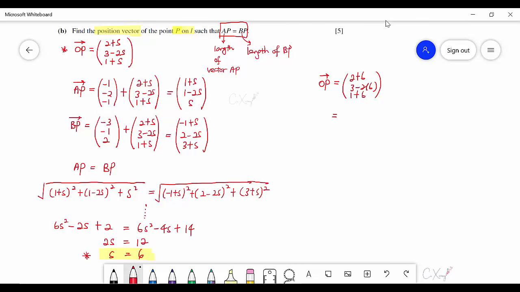Eventually your OP will be 8, -9, and 7. This is the position vector OP, or you can write it in the ijk form, 8i minus 9j plus 7k. You can put it in any form like this. So this is what we have for question number 8, part B.